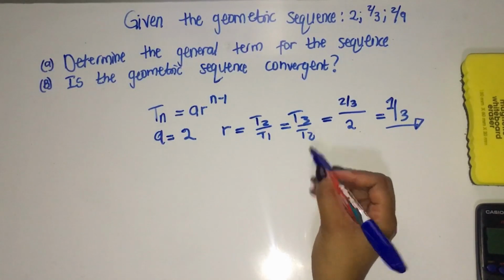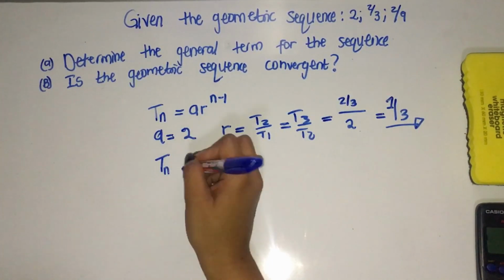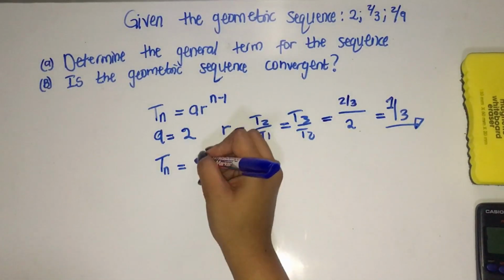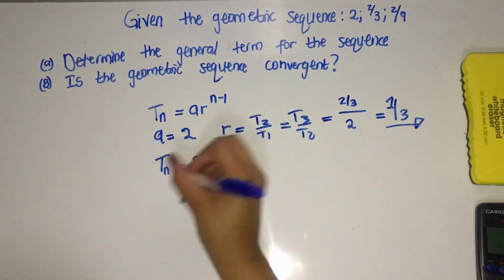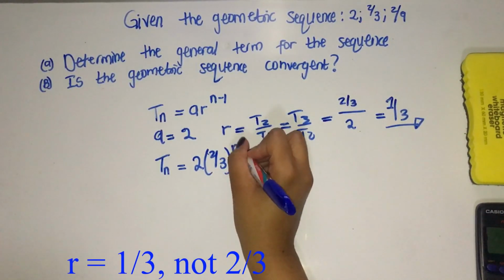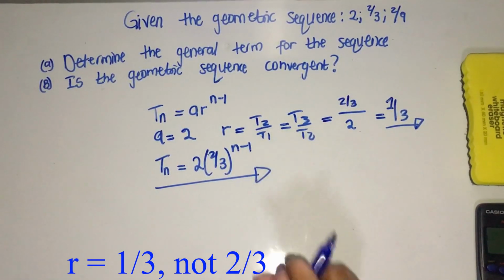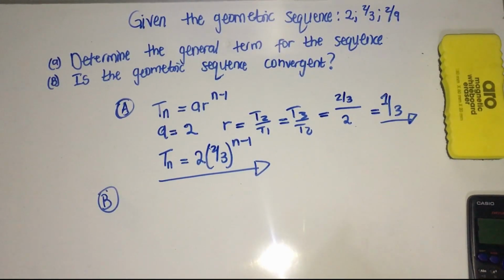Okay, so now we go back to our original formula, where we substitute. Tn is equal to A is our 2, R is 2 over 3, and minus 1. That's it. And the next question is, is the geometric sequence convergent or not? Okay, so now this is how we check the convergency.